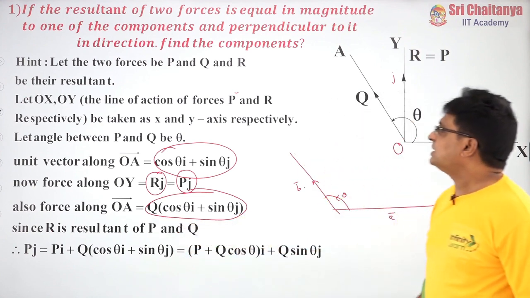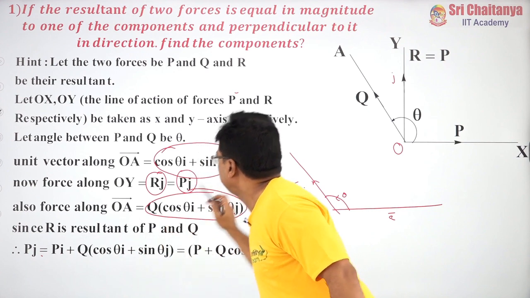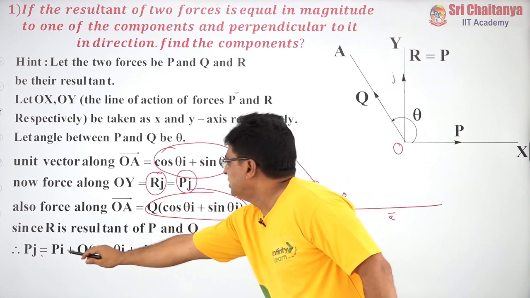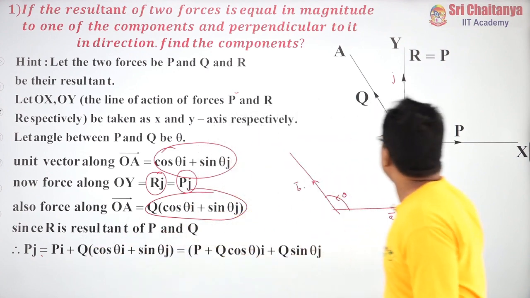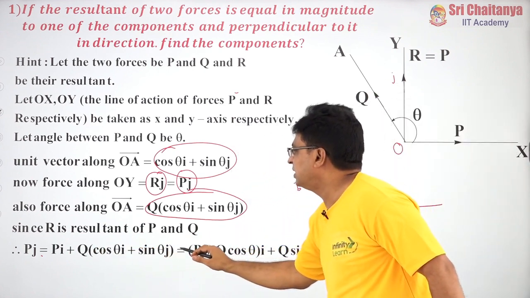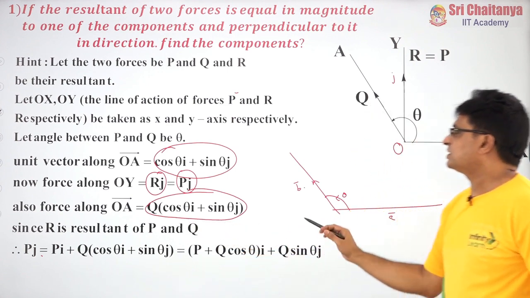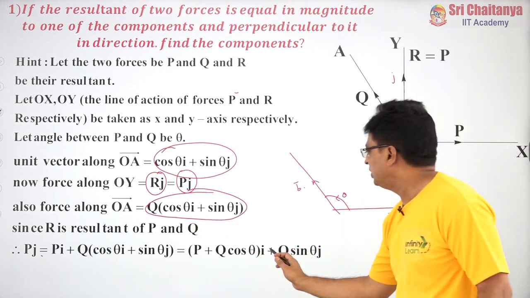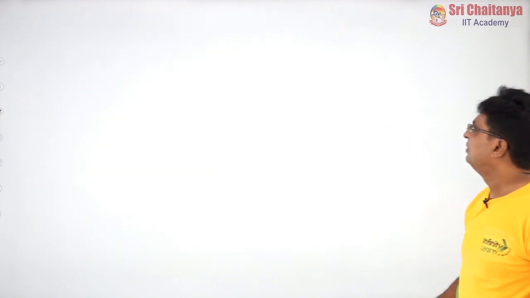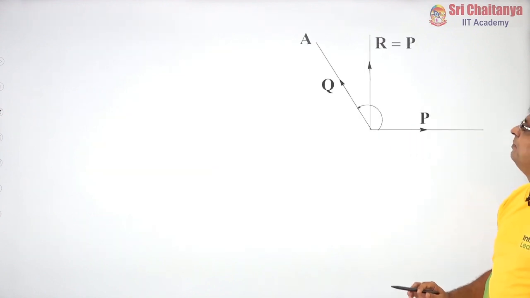Now R is what? A resultant of P and Q. Therefore R is nothing but Pj, because Pj is nothing but Rj, is equal to the resultant, means this vector plus this vector. So Pi plus Q into cos theta i plus sin theta j. Simplify this and compare the corresponding coefficients. So here the i coefficient is 0, and the j coefficient is what?